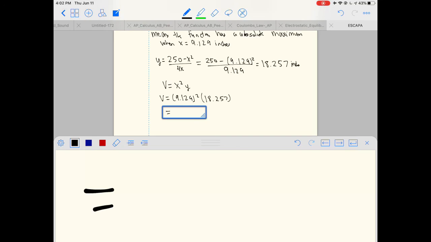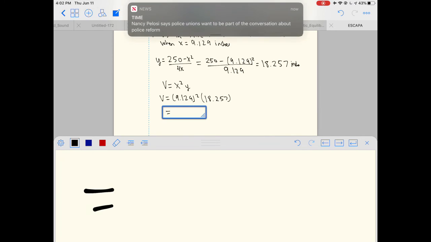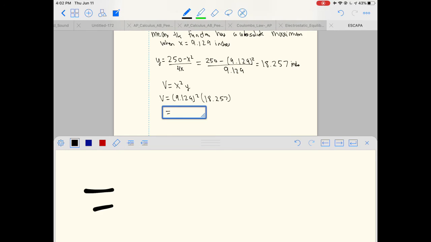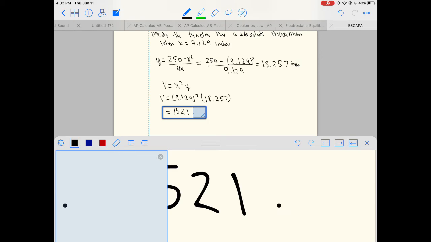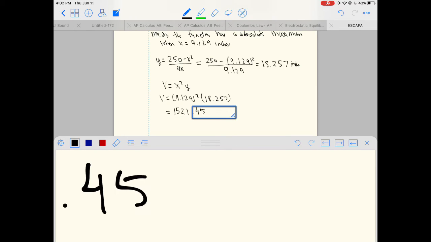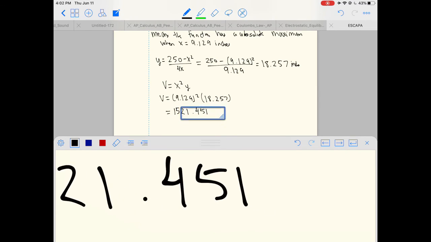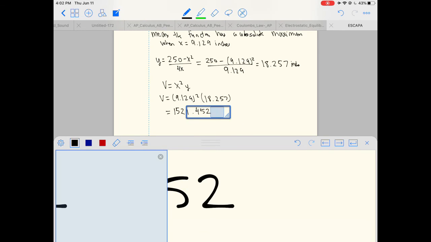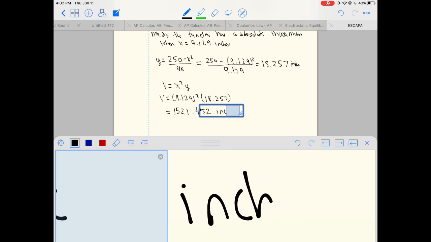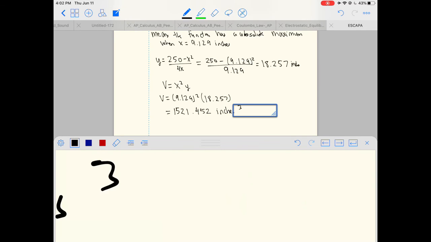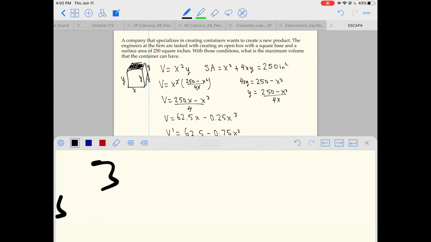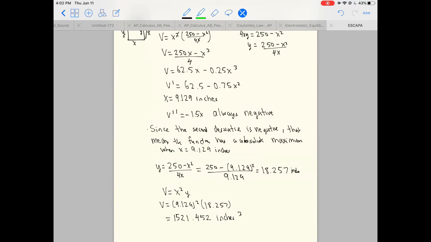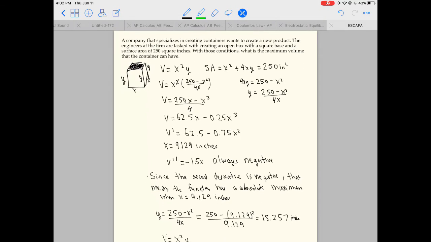If I plug this into the calculator, that would equal 1521.451 inches cubed. It's volume. All right, so there we have it. That's the second example problem solved.